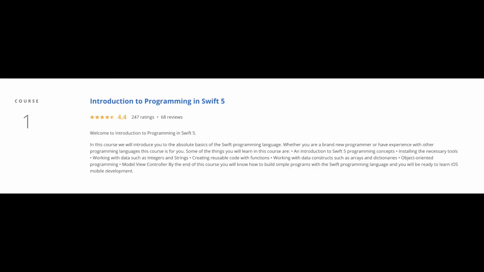The specialization can be broken down into 4 separate courses: Intro to Programming with Swift 5, Intro to App Development, Tables, Data, and Networking, and then In-App Purchases and App Store. Intro to Programming with Swift 5 goes over how to program using version 5 of Swift.